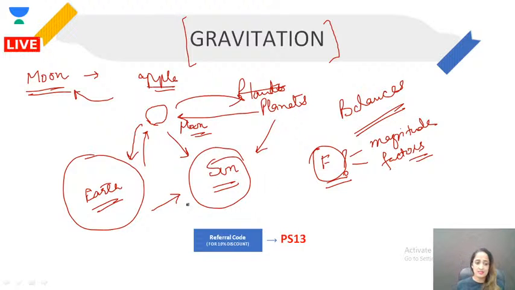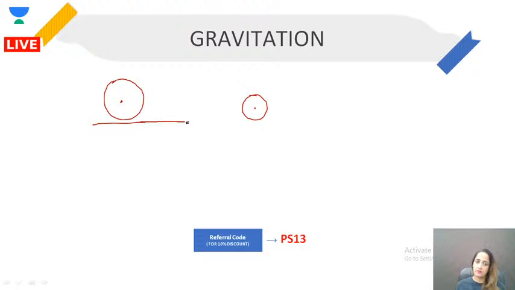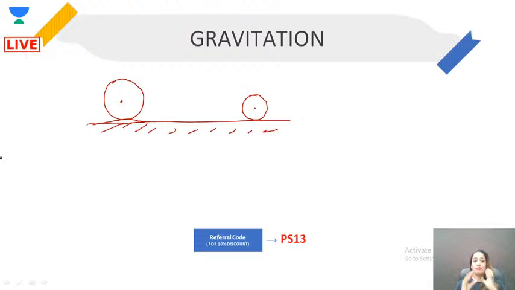All right, let's discuss, and I will take a very basic example of two balls. Let's say we have a bigger ball and another, smaller ball, and these balls have their centers over here. Let's say they are just sitting on the ground. Now, if gravitation is true, then ball A must attract ball B towards itself.